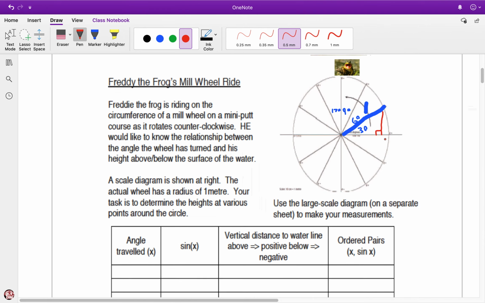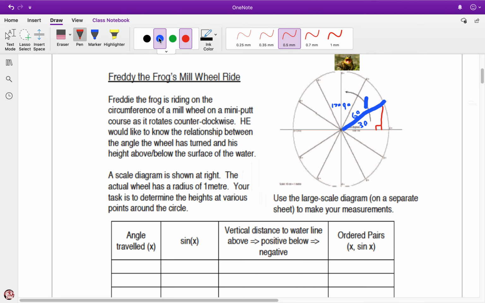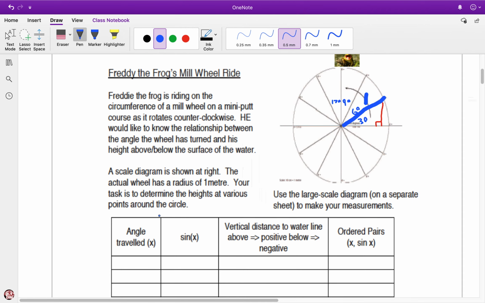So let's do the first one here. We're going to make a little chart for old nerd Freddy. We're going to go angle traveled. The first angle we're going to travel is 30 degrees. Let's write out the sine to figure out the height.